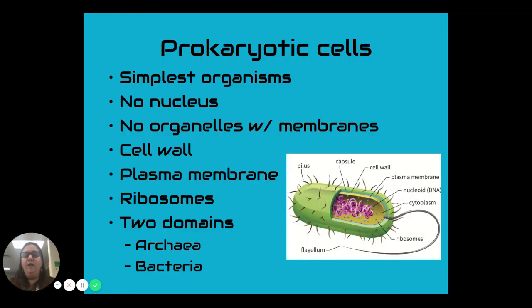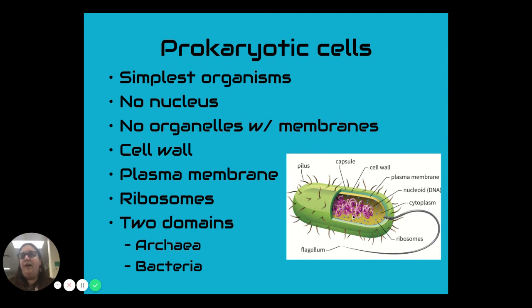Okay. So let's talk a little bit about prokaryotic cells, because out of all of the 6 kingdoms that there are, 2 of them are bacterial kingdoms, so the archaea and the eubacteria, and both of them are prokaryotic cells. These are the simplest organisms, so they are a cell, they are living, but they don't have a nucleus, so they have that nucleoid region inside.